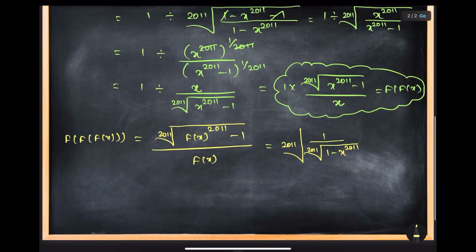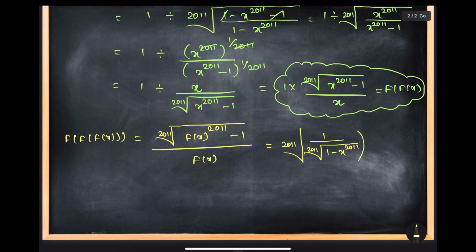This was f of x, and this is carrying power 2011, minus 1. So this is your numerator. Now divided by f of x. Who is f of x? f of x is 1 by the 2011th root of 1 minus x power 2011.